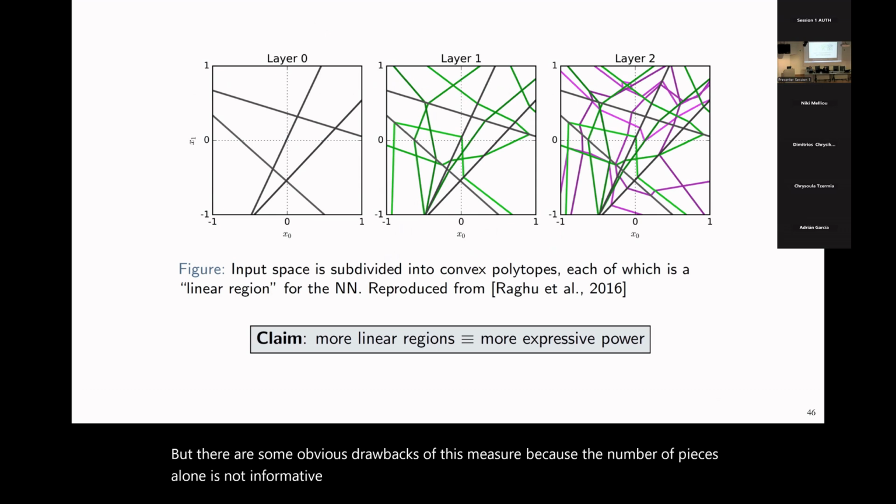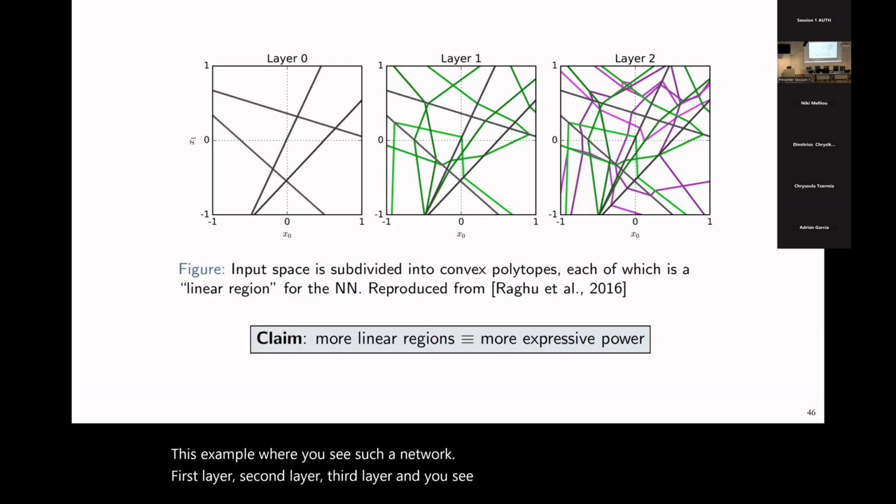Here, I forgot to mention this example, where you see such a network, first layer, second layer, third layer, and you see how the number of linear regions grows.